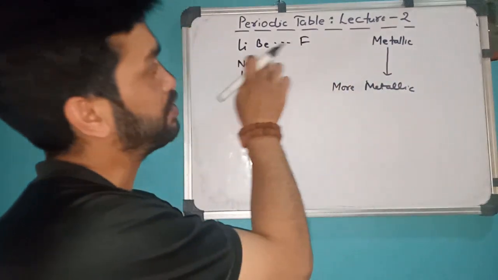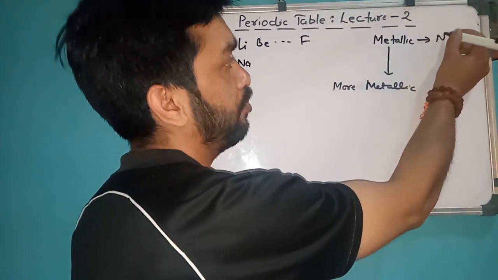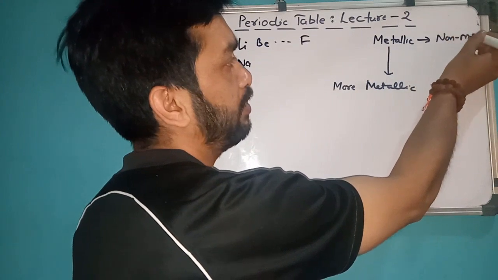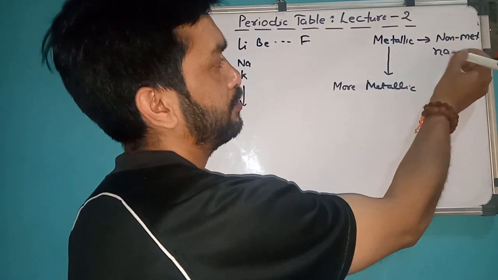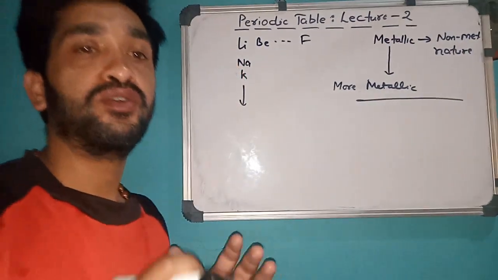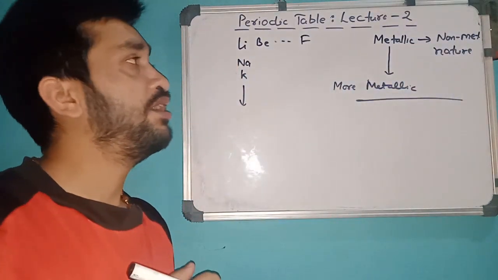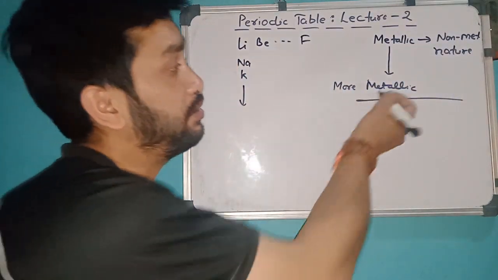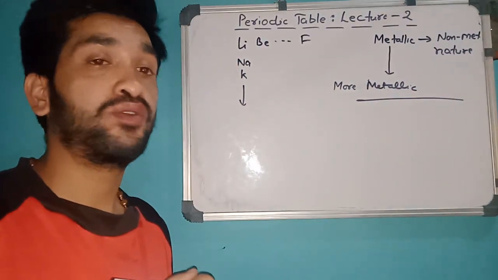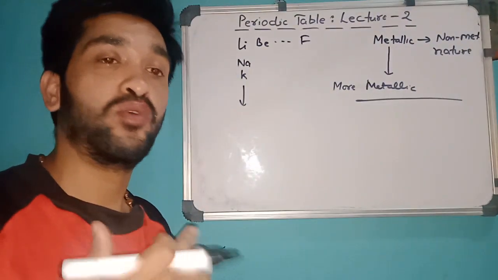And when you are going to this side, in a period, what you are observing is non-metallic nature increasing. So when you are going in a period, non-metallic nature increases, and when you are going down, the metallic nature increases. Or you can say that if there is a species below another species, it will be more metallic, definitely.